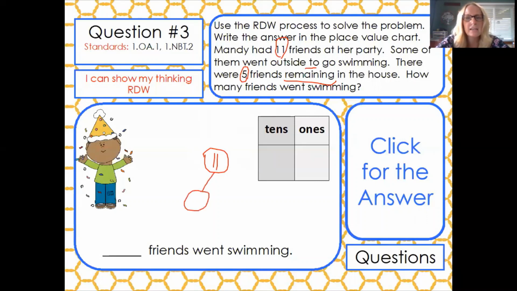But then it says some of them went outside to go swimming. Do I know how many? Nope, that's what I'm trying to solve. But then it tells me that there are 5 remaining. So that is going to go over here. So right now, I'd like you to pause the video, and I'd like you to try to draw a tape diagram and solve to see how many friends went swimming.